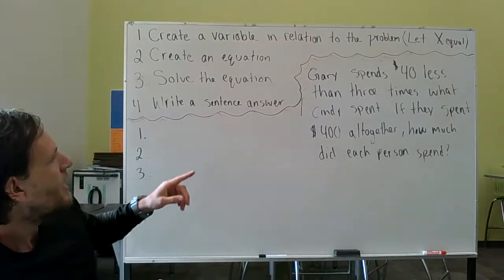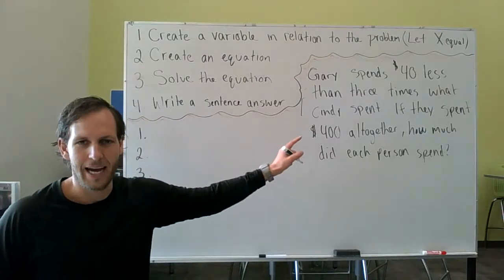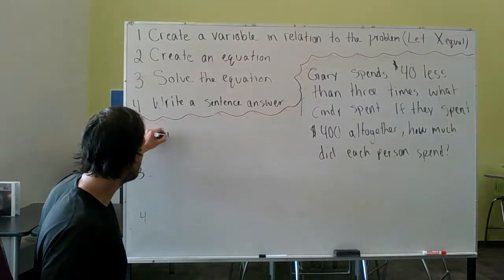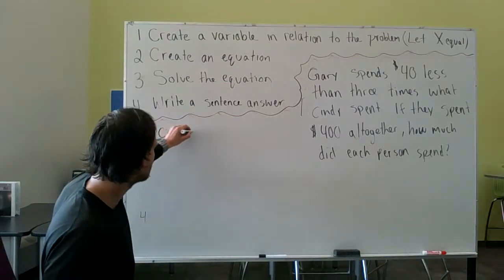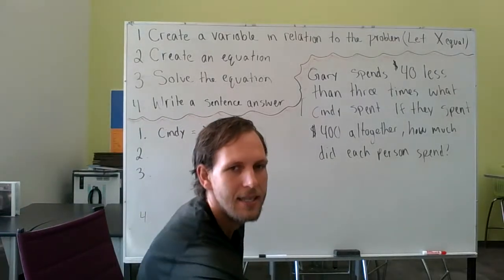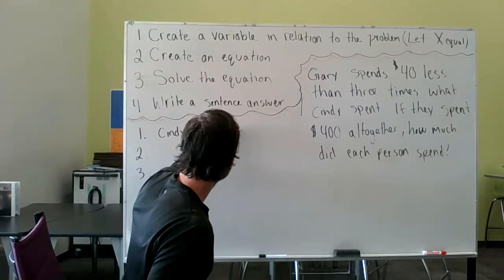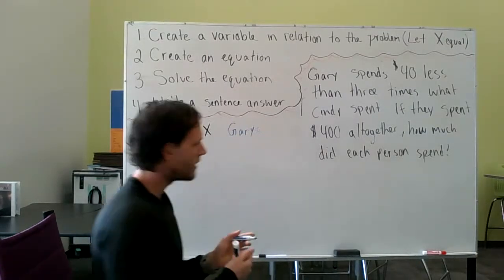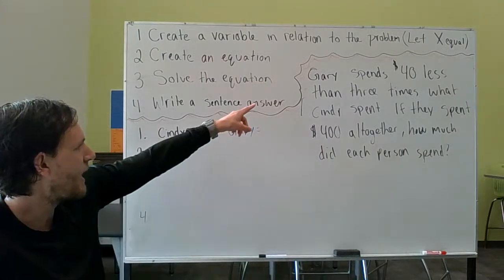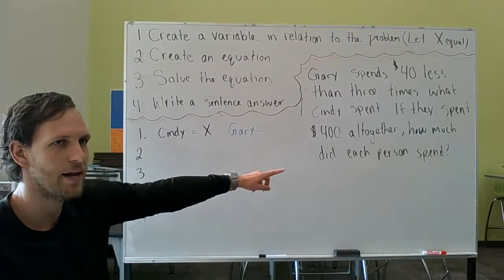Well, in this case, we're going to have Cindy be x because we don't know anything about her. So for step 1, Cindy is going to equal x. If Cindy is x, how can we define Gary? Well, that's where the expression needs to come out of Gary. Gary spends $40 less than 3 times what Cindy spent.